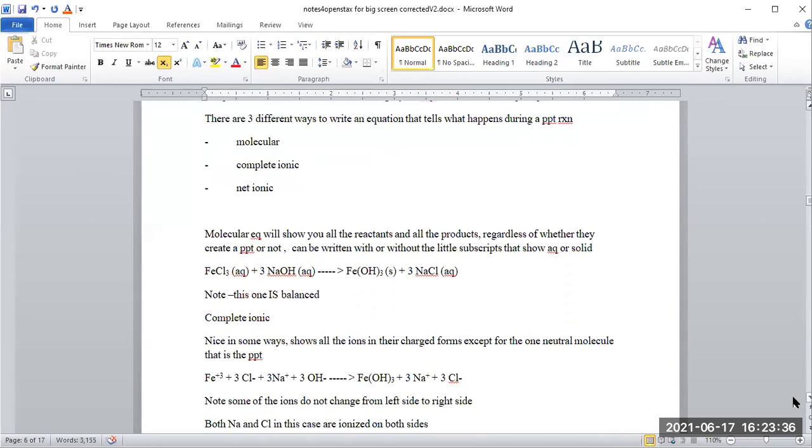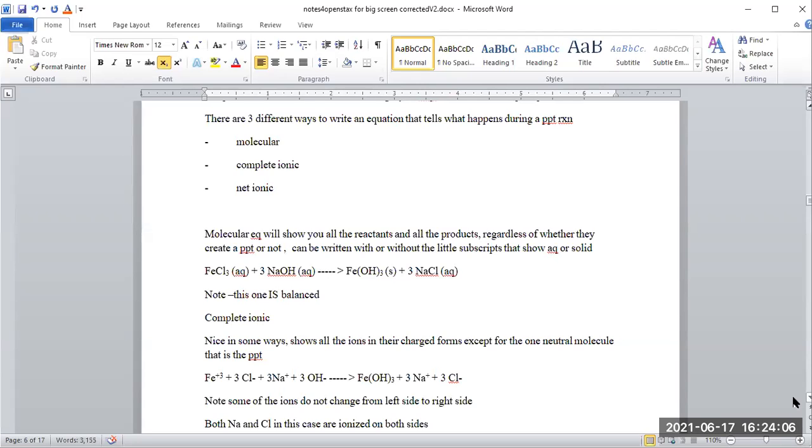All right, so a molecular equation tells you a little bit of everything, and it also gives you aqs and s's, something we talked about back at the beginning of this chapter. If I have iron 3 chloride, this is an aqueous solution, which means we know it falls apart in the beaker. I have sodium hydroxide.